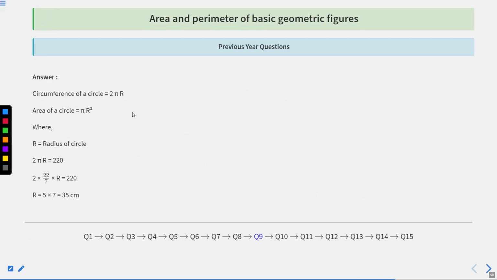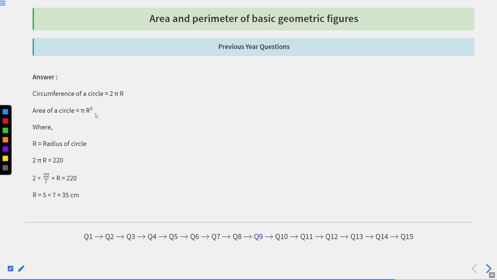When the circumference of a circle is given to us, it is equal to 2 pi r, and the area of a circle is pi r square. So we need r to find the area of the circle. If you have a look at the question, r is not given to us, but the circumference of a circle is given and it is equal to 220.